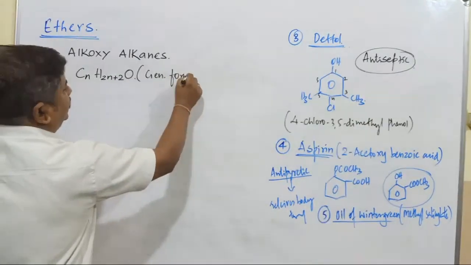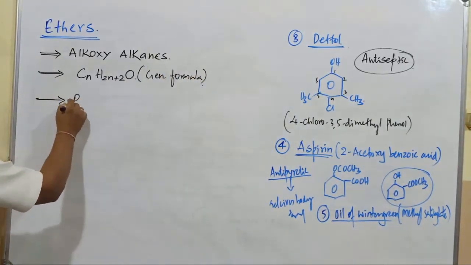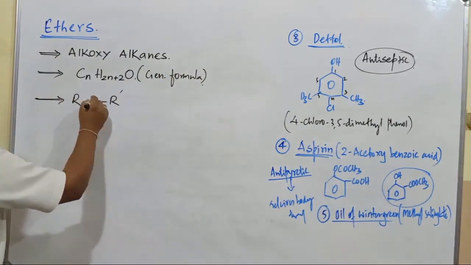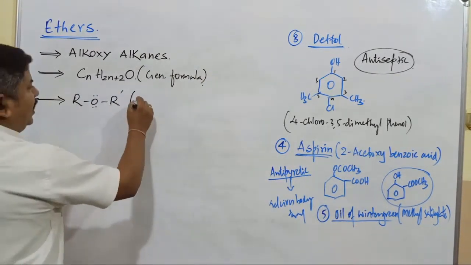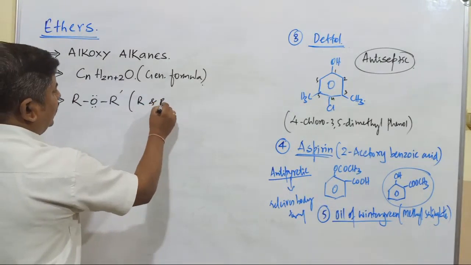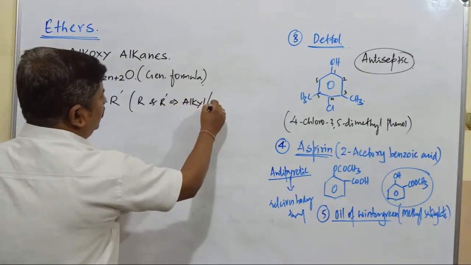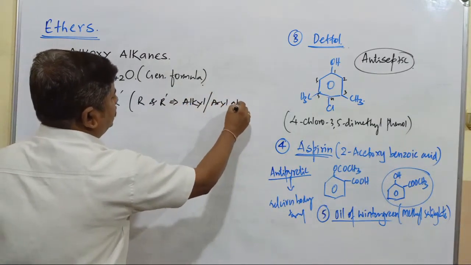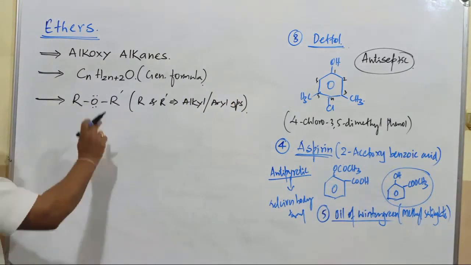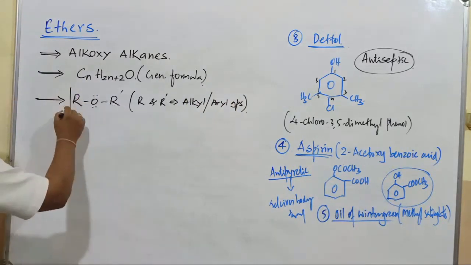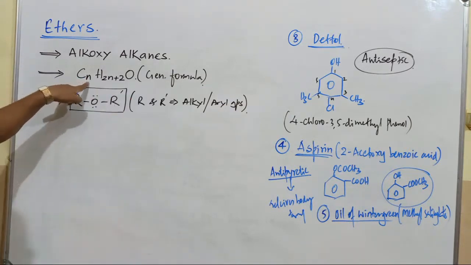These compounds are represented as ROR', where R and R' are alkyl or aryl groups. Those compounds are generally called ethers. The general representation is ROR' only, and the general formula is CnH2n+2O.